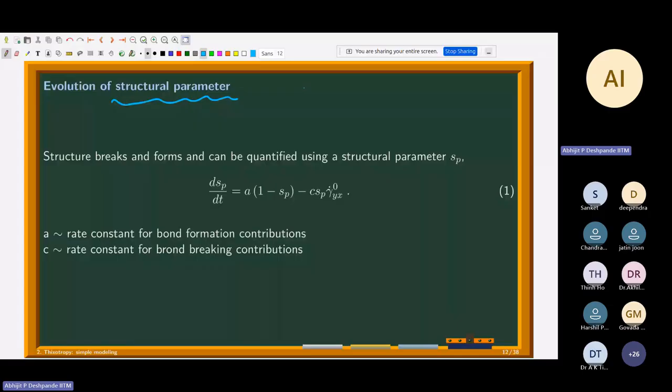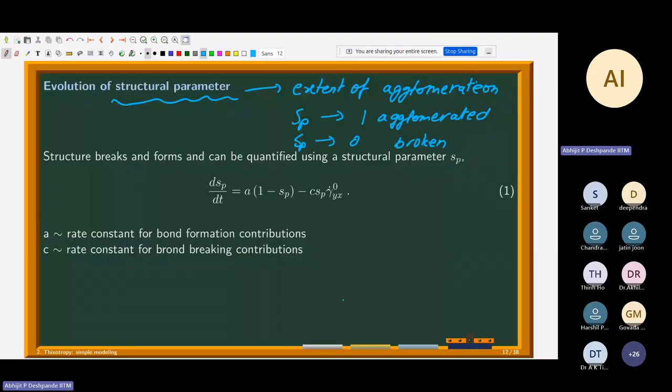But in the example that I gave, this could be the extent of agglomeration in the material. So if the fluid is completely agglomerated, then we will say that SP tends to 1, and SP will tend to 0 for a completely broken down material in which there are no agglomerates.